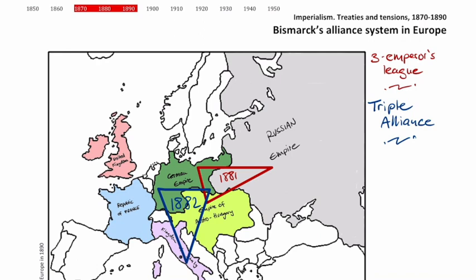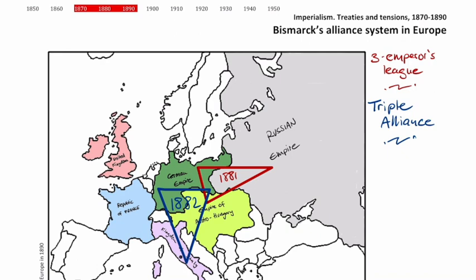And lastly, Bismarck realized that too. So what if we come between Austro-Hungary and the Russian Empire?